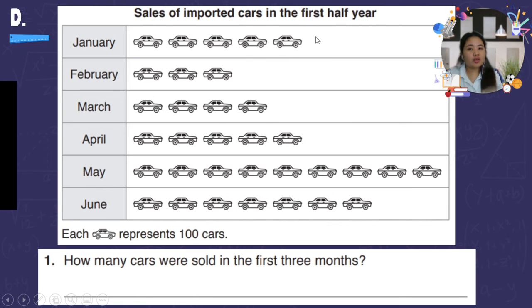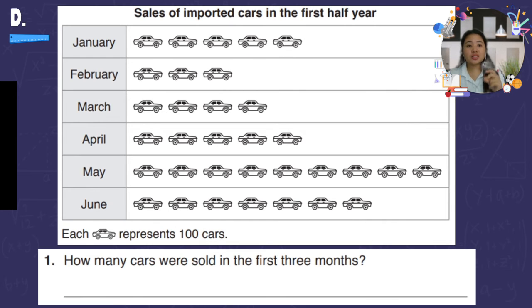So there are 5 cars in January. In February, have 3. March have 4. April has 5. May has 9. And June has 7.